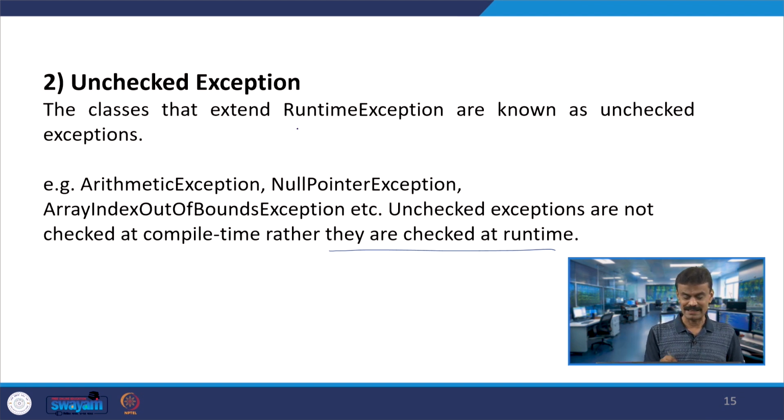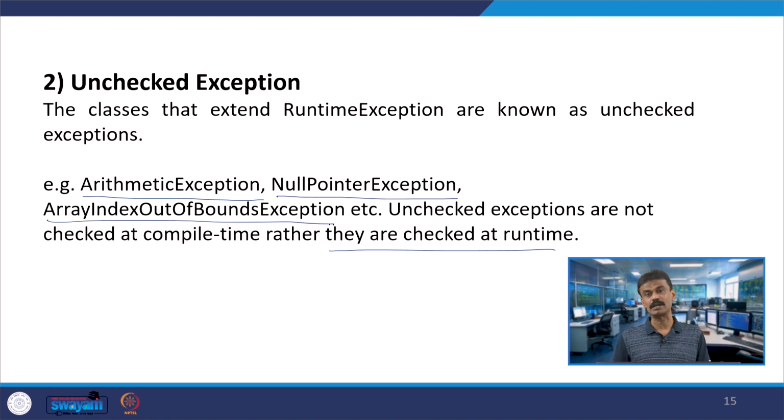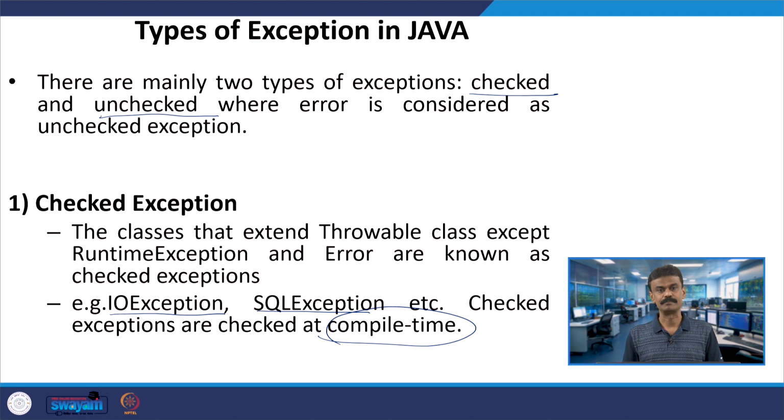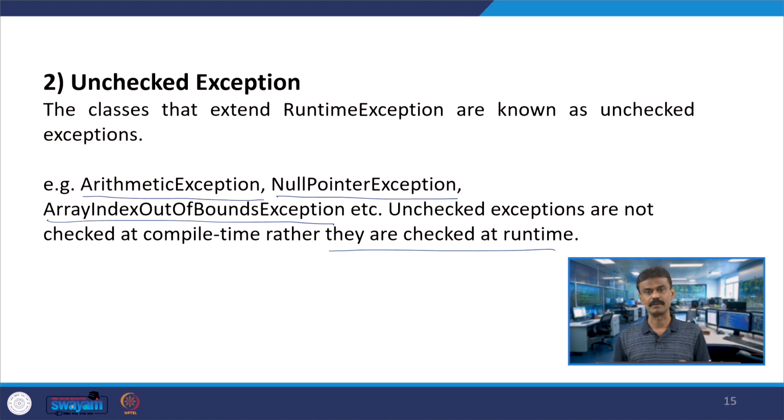The classes that extend RuntimeException, we call them unchecked exceptions. Here you go: ArithmeticException, NullPointerException, ArrayIndexOutOfBoundsException. These are all considered unchecked exceptions. So in Java you have checked exceptions and unchecked exceptions.